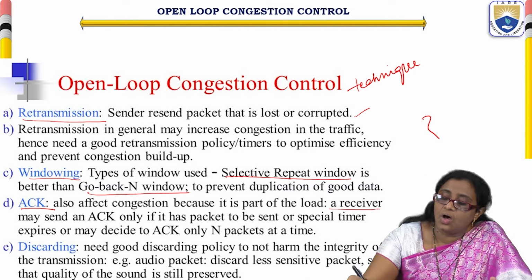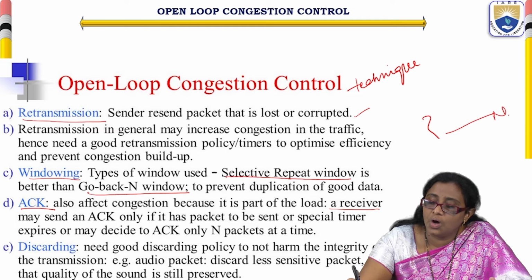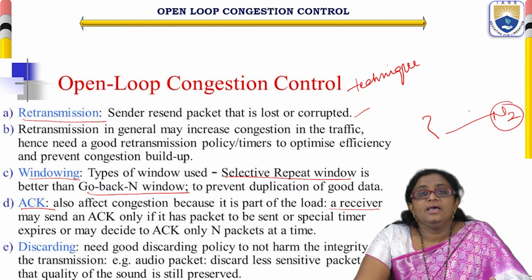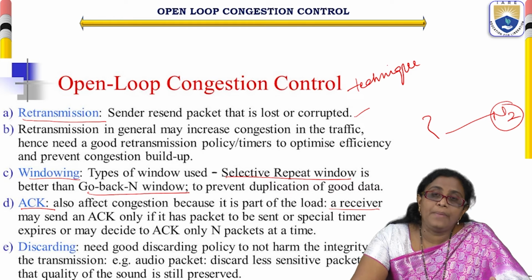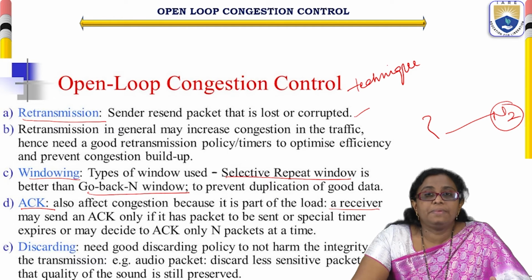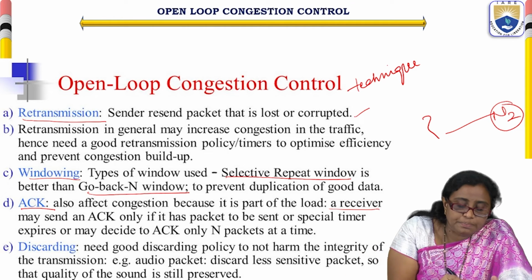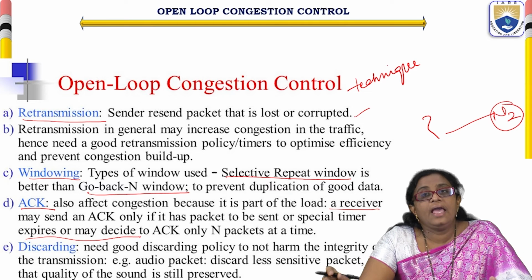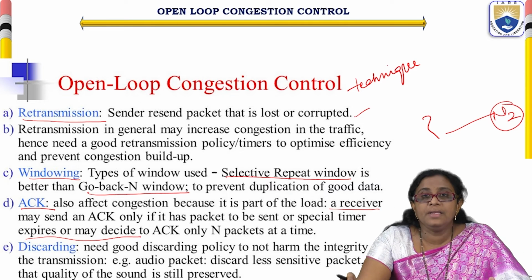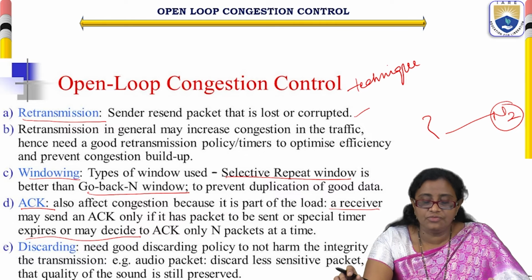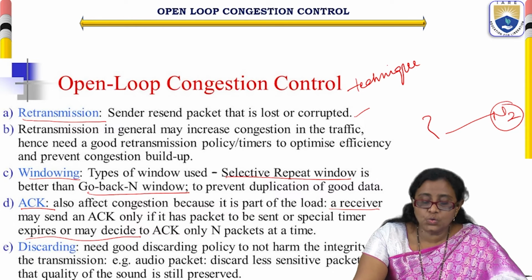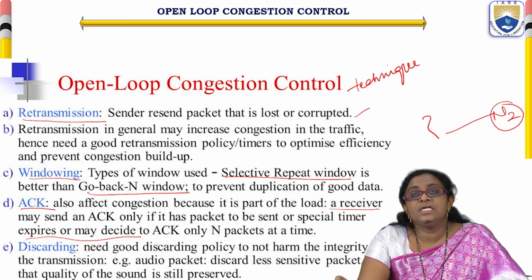A receiver, node 2 or destination host, may send an ACK only if it has a packet to send or a special timer expires, or it may decide to ACK only n packets at a time.